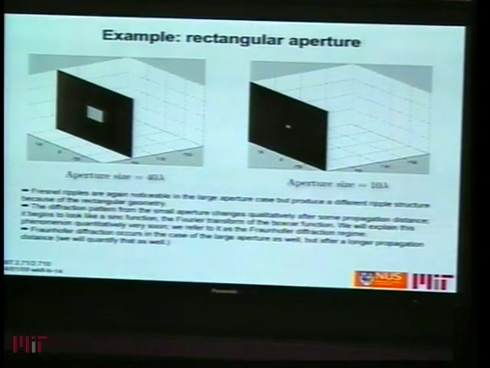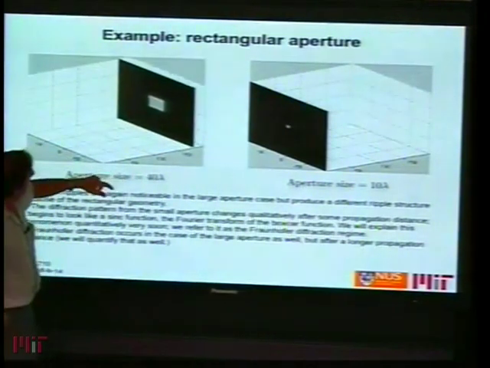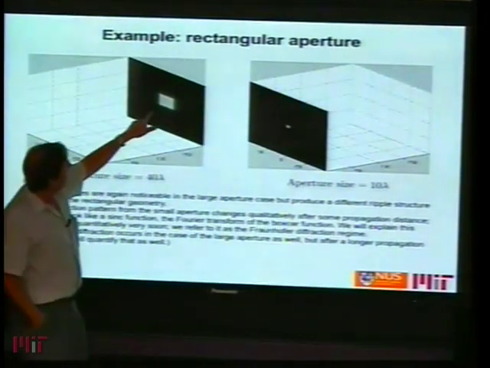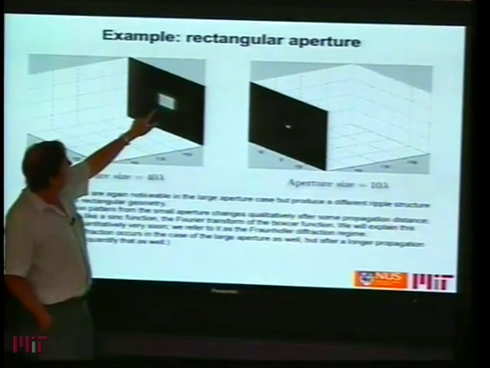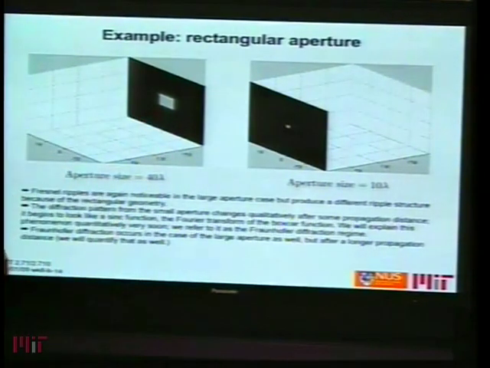The big square, again, you can see some fringes in all of them. By the time it's got to the end here, you can see bright lines around the edges and also bright spots in the four corners.